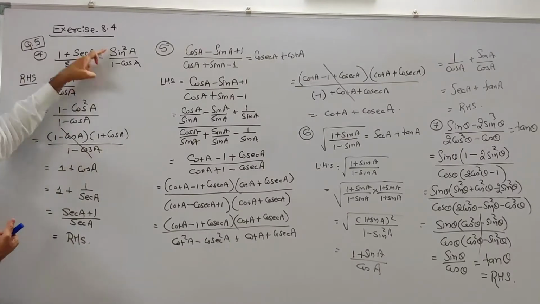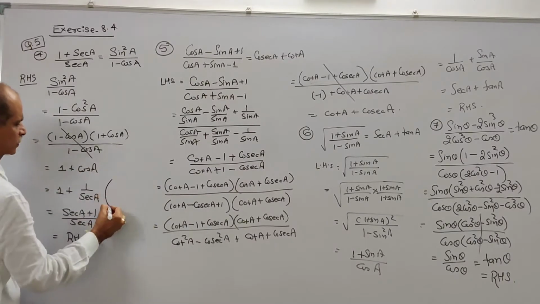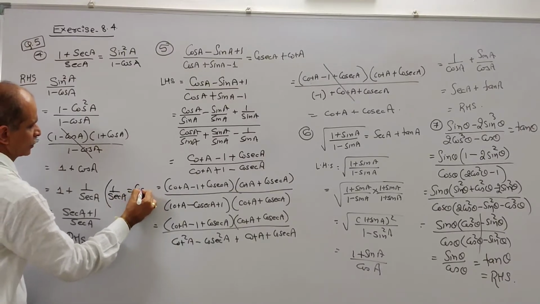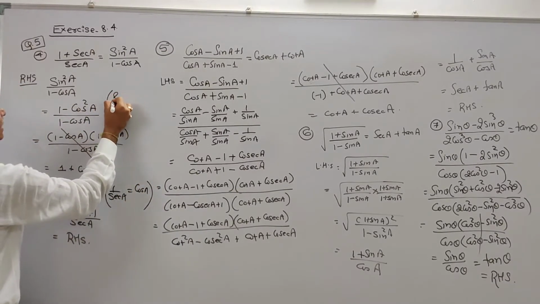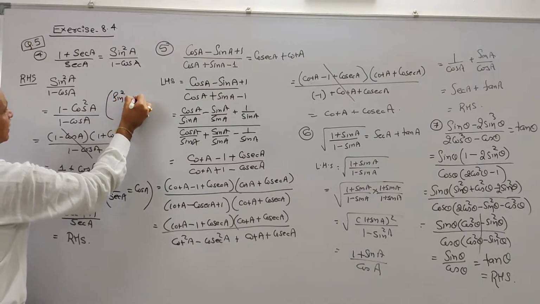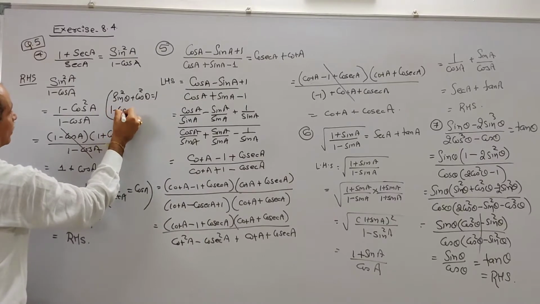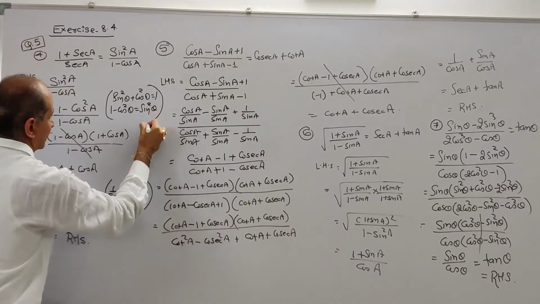Just use sin square A is equal to 1 minus cos square A. Then in place of cos A, you write 1 upon sec A, because 1 upon sec A is equal to cos A, the reciprocal formula. Here you can use the identity sin square theta plus cos square theta is equal to 1. Therefore 1 minus cos square theta is equal to sin square theta.